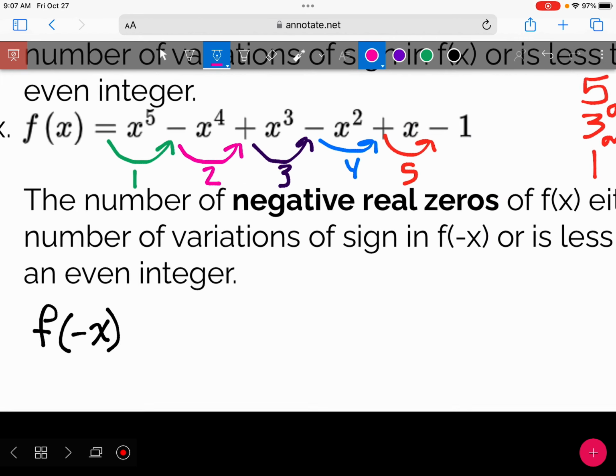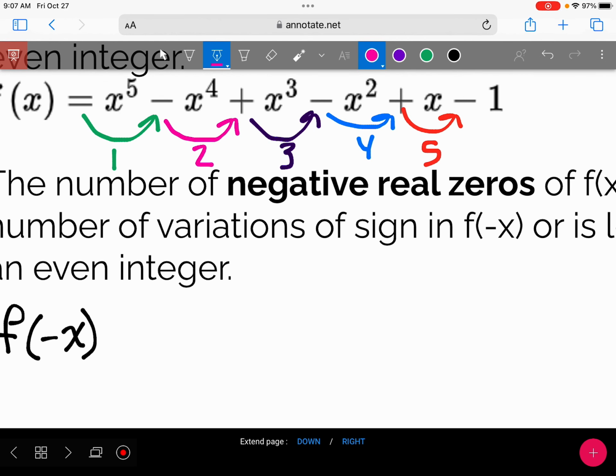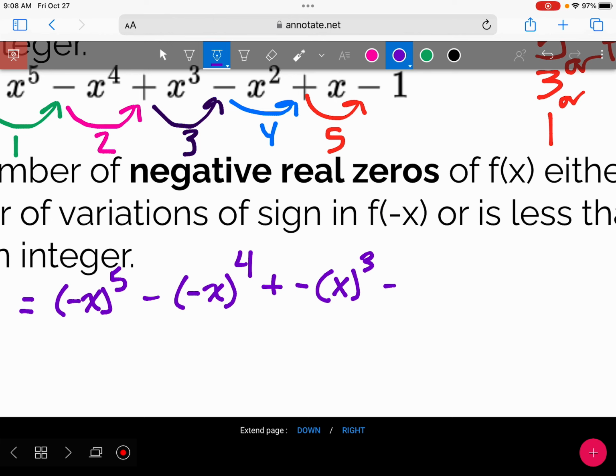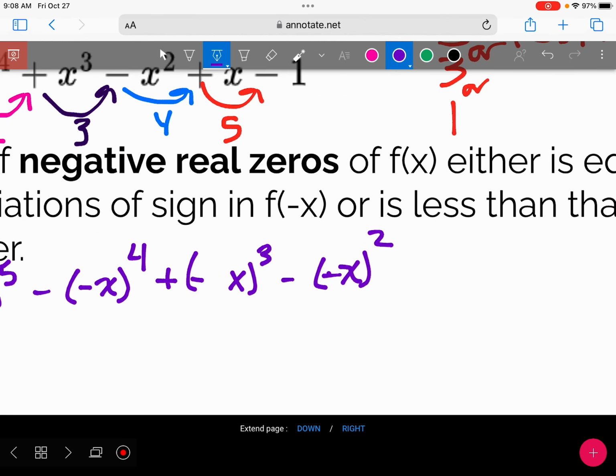So we're going to have the opposite of x to the 5th minus the opposite of x to the 4th plus the opposite of x to the 3rd. Except I put that one in the wrong spot. There we go. Opposite of x squared plus the opposite of x minus 1.